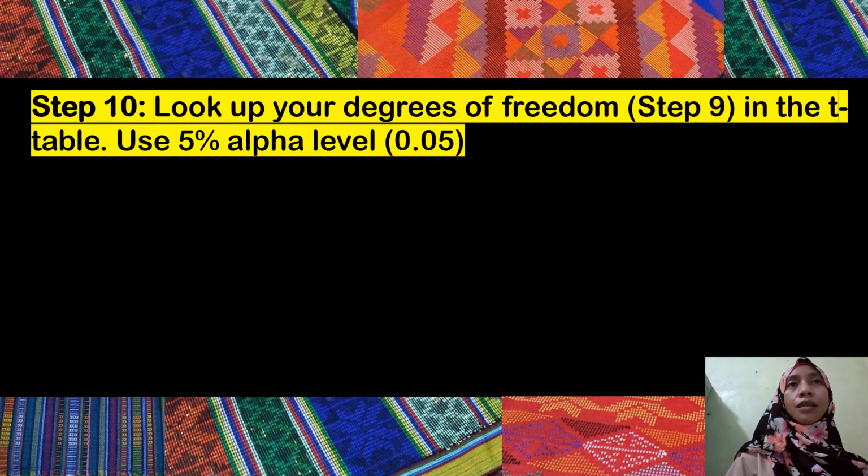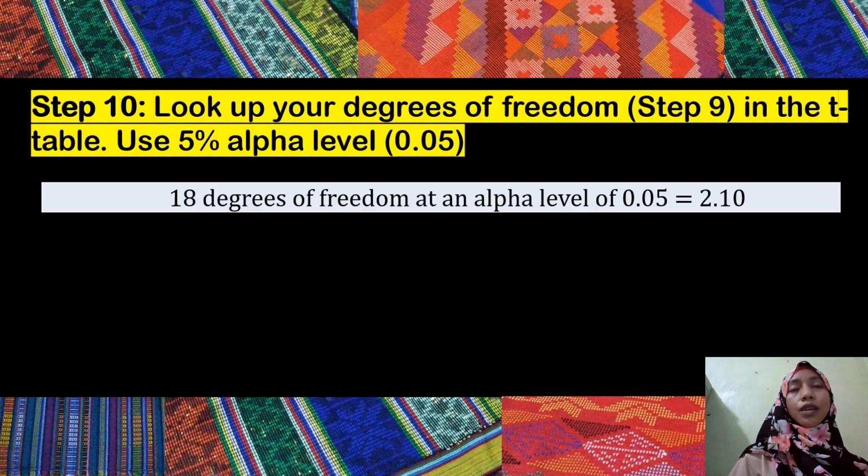And then step 10, look up your degree of freedom from step 9 in the t-table using the 5% alpha level. So for a degree of freedom of 18 at an alpha level of 0.05, it is 2.10. If you remember, we've done this in step 3 also. So this is just for emphasis purposes.